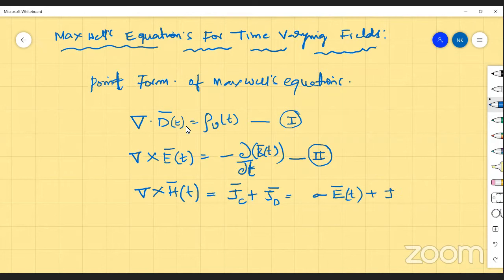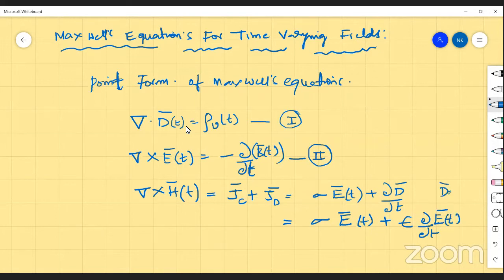Jd bar is dou D bar by dou t. If you want to simplify it in terms of E bar, everything is a function of time, so epsilon into dou by dou t of E bar of t, where D bar is equal to epsilon into E of t.